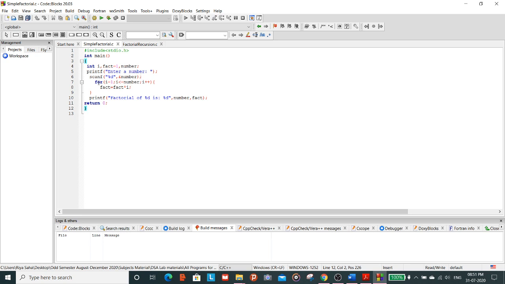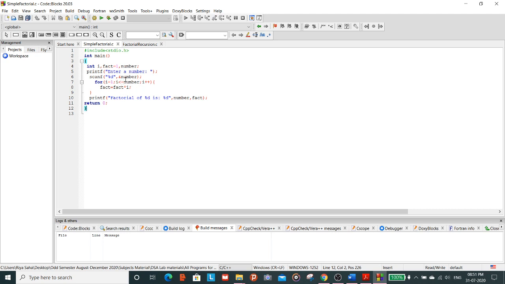Okay. Next starts the for loop. Here the condition: i is assigned 1. Next, if i is less than or equal to the given number, for example we need to find the factorial of 5. So here i equals 1, and 1 is less than or equal to 5, right?